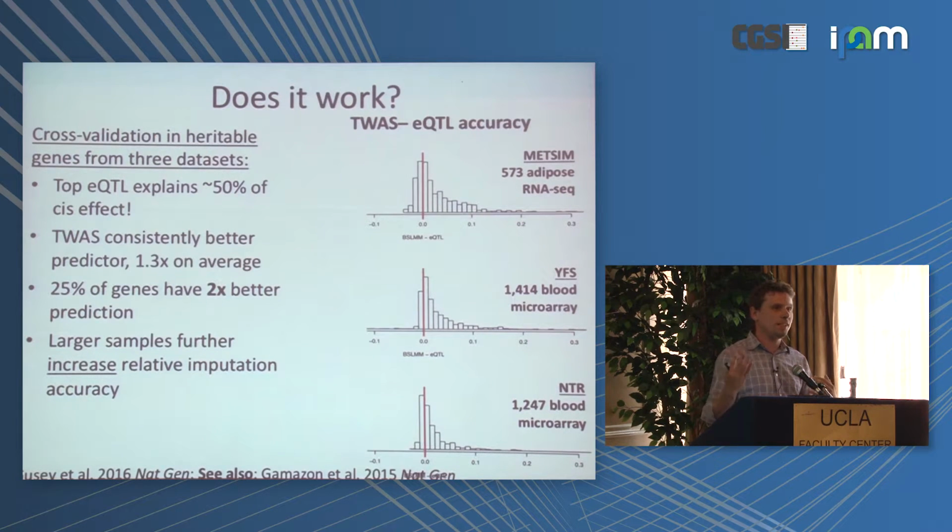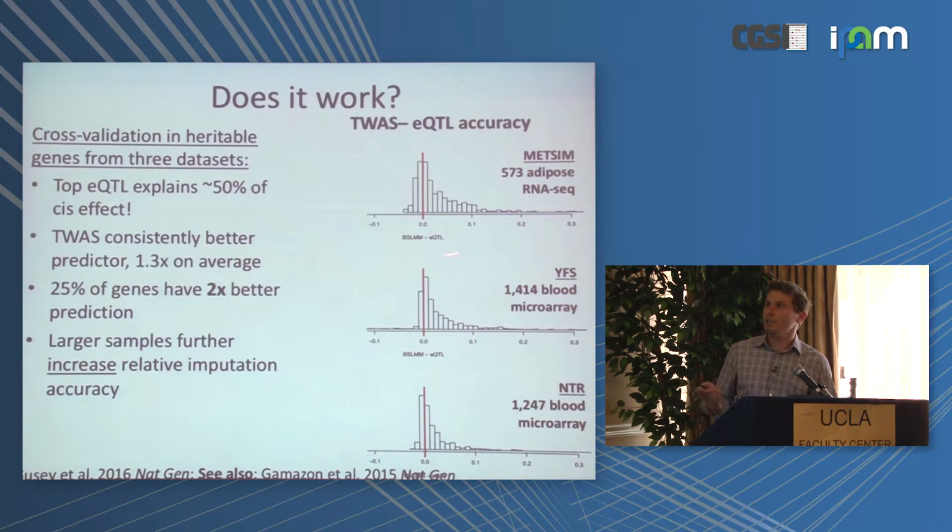So if you just take the top SNP associated with expression and use that as a proxy for gene expression, you only lose roughly half of the power, which might not be that much, given that you jumped from 1,000 individuals with expression in EQTL studies to hundreds of thousands of individuals when you look at the trait.